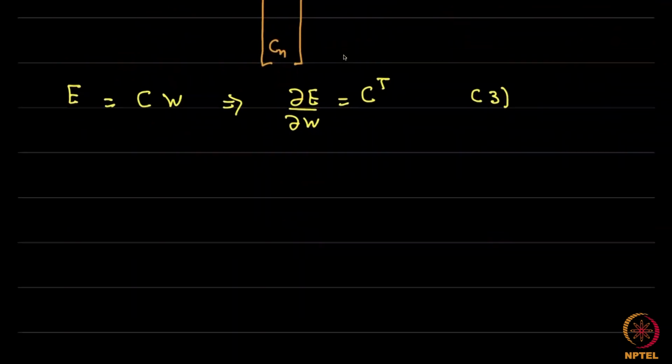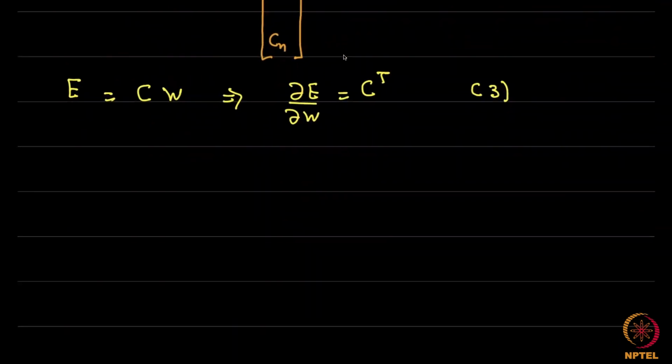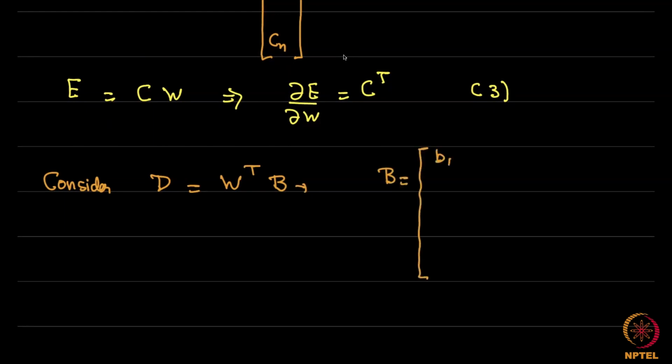Now I am going to write another case. Similarly, consider another case, D equal to W transpose times B. Now what is B? B I am going to write as B1, B2, Bn.